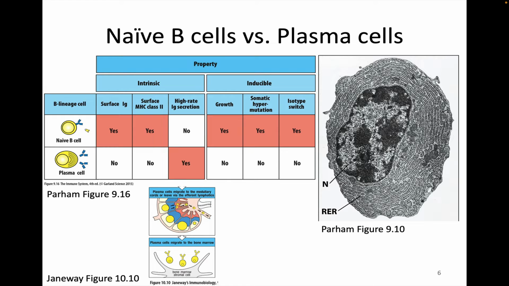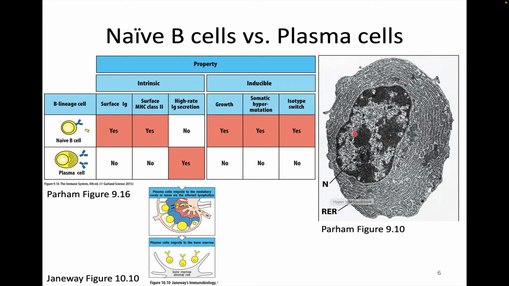You can also see this in a case with B cells. Remember, our naive B cell has a B cell receptor, a surface immunoglobulin. It has class 2. It has the ability to proliferate. It has the ability to do somatic hypermutation and class switch. But a plasma cell, which is the effector cell of the B cell lineage, really just has one job, which is that high level of antibody secretion.